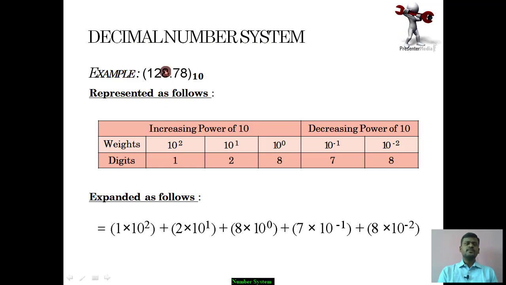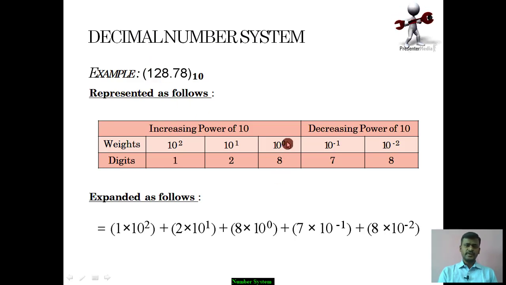For example, we will start assigning the weights from the left side of this fractional point. We will start with 0, as 0th power will be given to the 8, 1 power will be given to the 2, and 2 power is given to the 1.